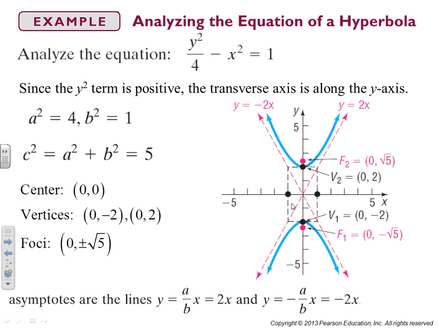So our box opens like this, and our asymptotes are along the diagonals of that box. We throw down our vertices. We've got our foci at 0, comma, negative root 5, and remember root 5 is about 2.2, so it's just outside our vertices.